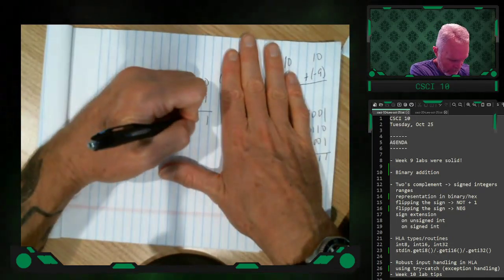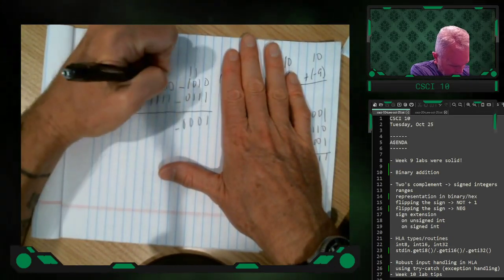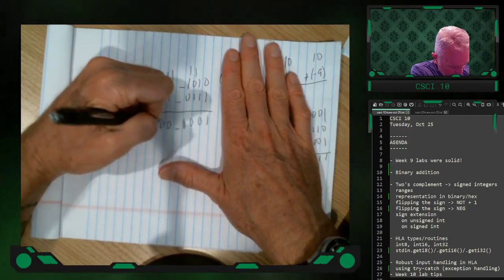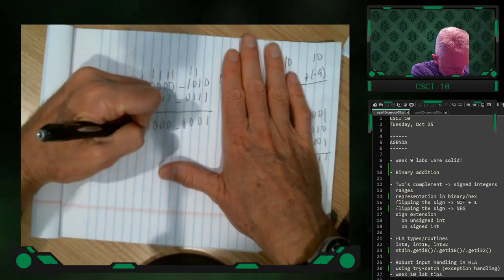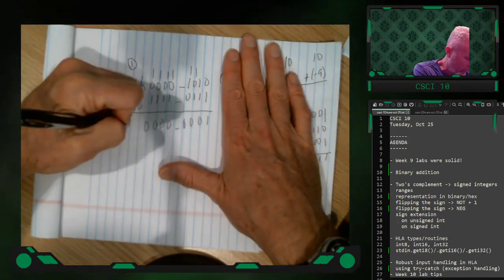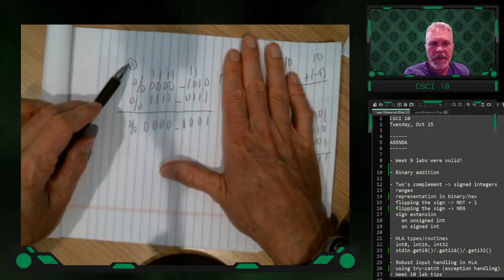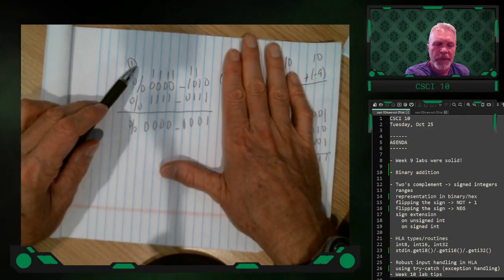So 1, 0, carry 1, 0, carry 1, and so on. It is often true when you're hand working these problems that you end up with this extra carry bit, which I don't think ever matters.